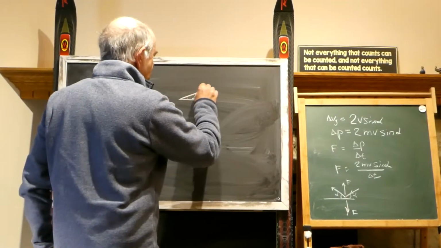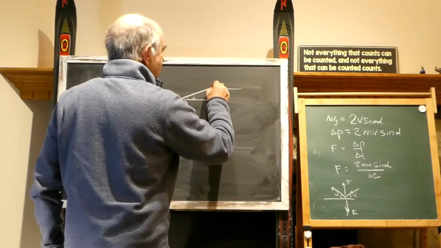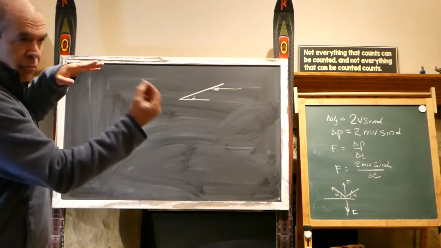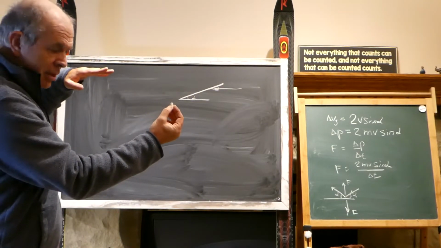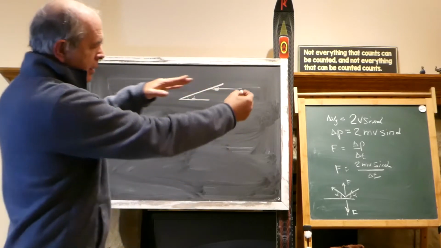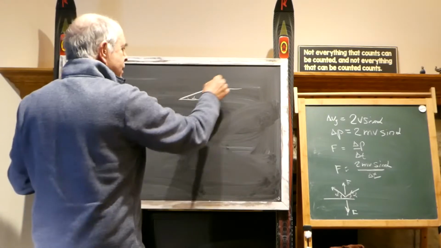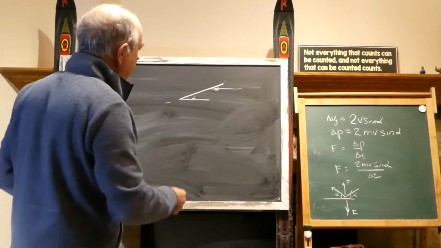Because this is the wing, and somewhere here the molecule hits the wing. Of course, the molecule is sitting still, but the aircraft is flying, and it's the same as the molecule moving and hitting the wing in the coordinate system related to the wing.